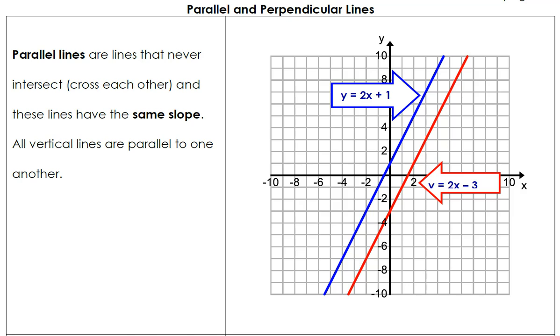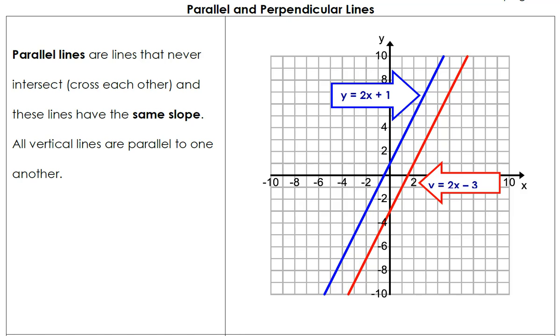Some things I want to identify about parallel lines as we go into this new section of identifying the types of lines, as well as we're going to find the equation of the line in this particular section, meaning you're going to be given some information about an equation that we're going to create, and we're going to use that information to write the answers in slope-intercept form, slope of a line, standard form of a linear equation. So we're going to be talking about some things in this section.